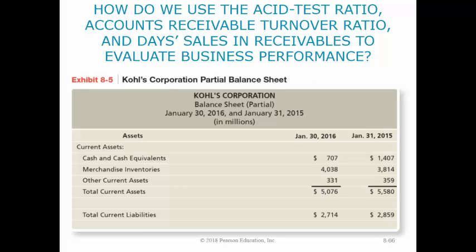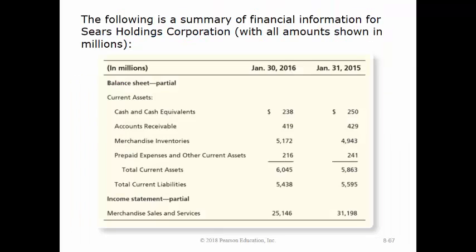Exhibit 8.8 shows Kohl's Corporation's partial balance sheet. This company has relatively few assets. Therefore, we will use a different company to illustrate the calculation of the ratios in this chapter. This slide shows a summary of financial information for Sears Holdings Corporation. We will use this information to calculate the ratios in the following slides.